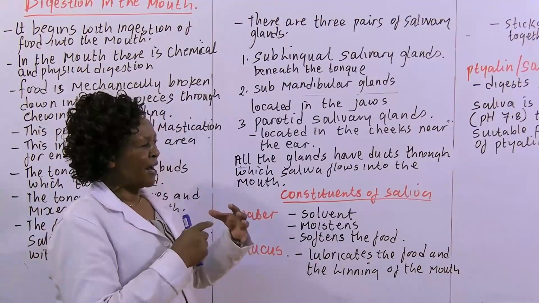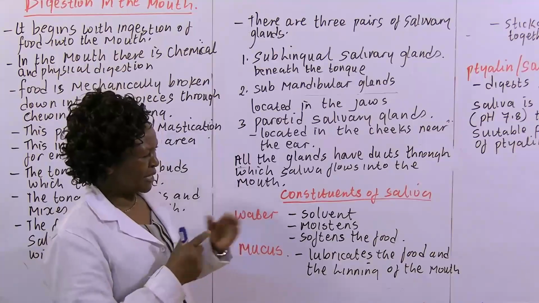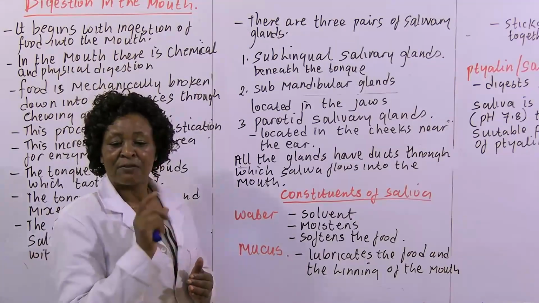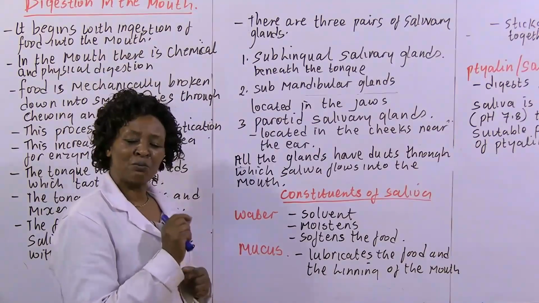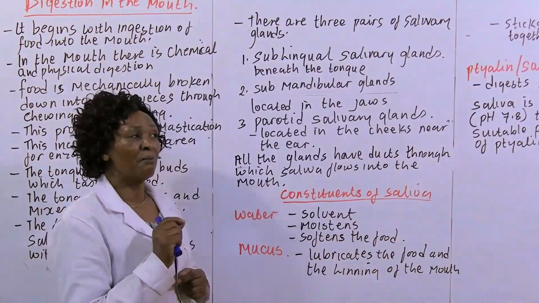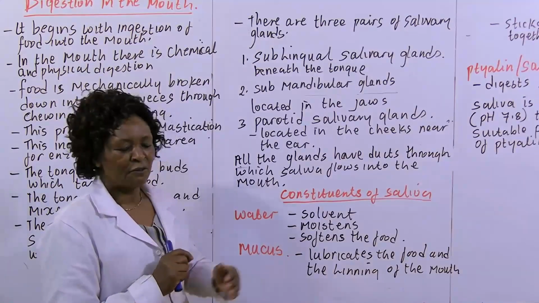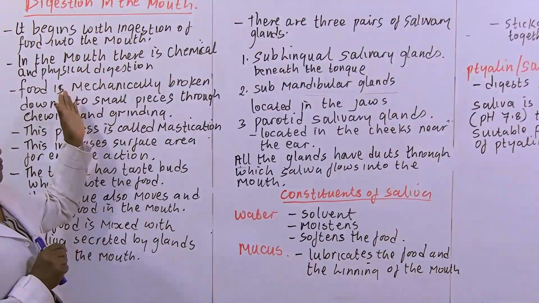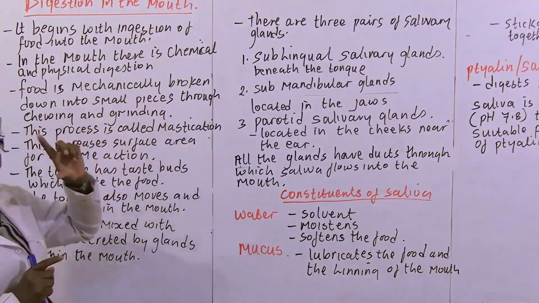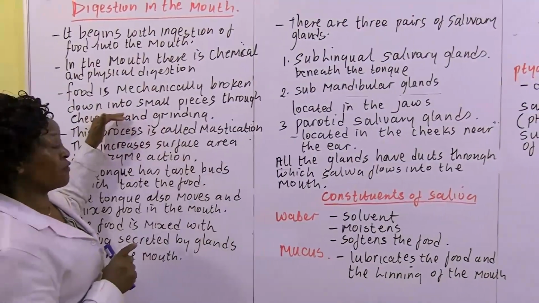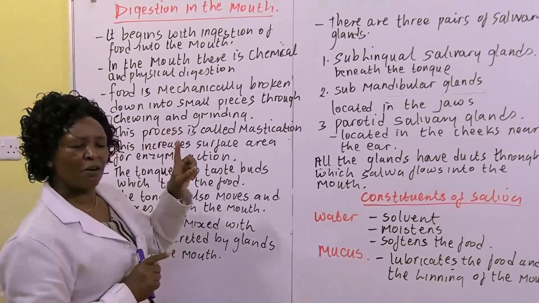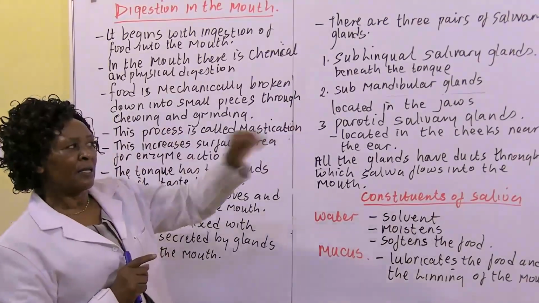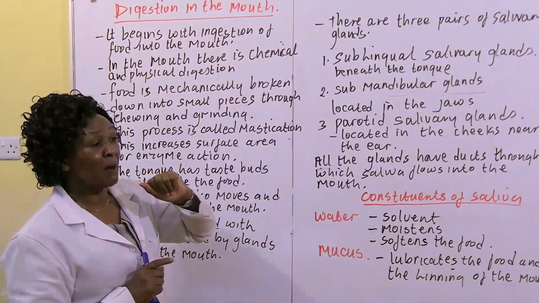Then after this chewing and mixing up of the food, the food is rolled into small balls called boluses. After chewing, the mechanical breakdown of food within the mouth, comes the chemical breakdown. The mechanical breakdown of food is the process of mastication, the physical breakdown of food into small pieces by the teeth. The chemical breakdown of food is the breakdown of starch to maltose by the action of thiolate.